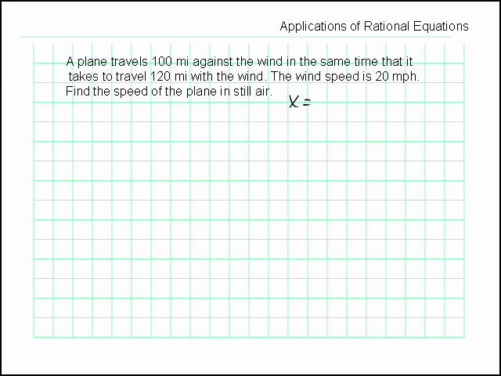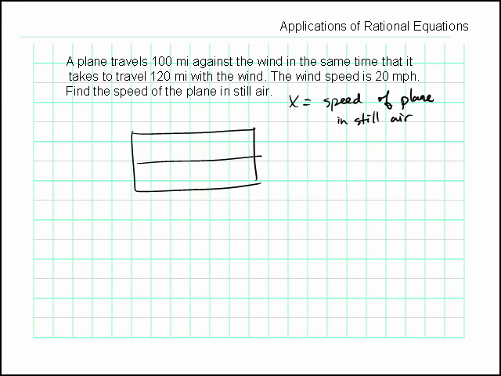Okay, so x is the speed of the plane in still air. I'm going to use the same sort of chart that I used before: rate, time, distance. And here we're going against the wind, and here is with the wind.